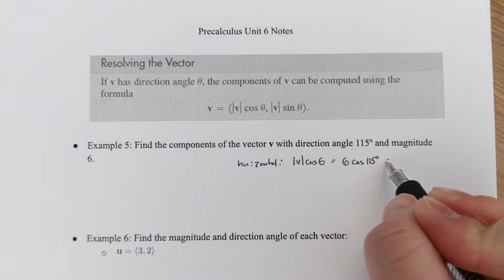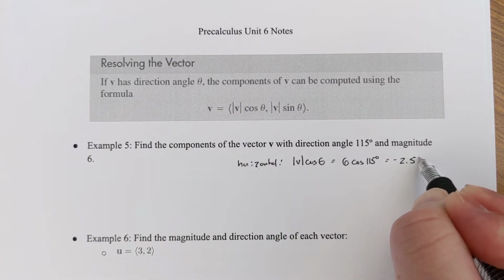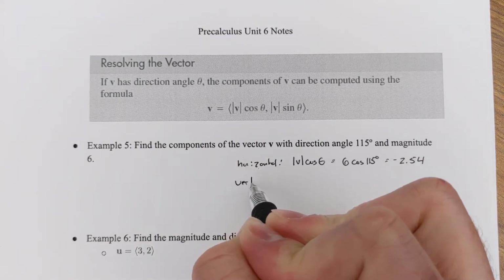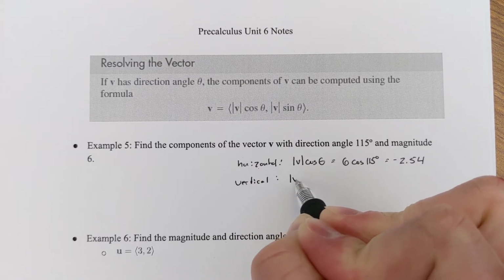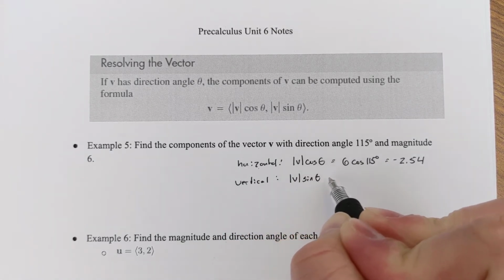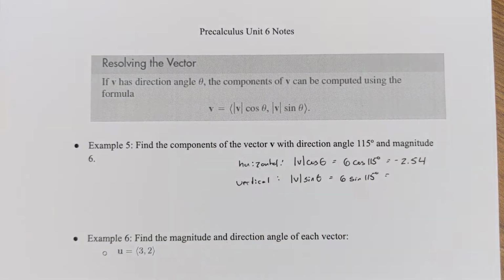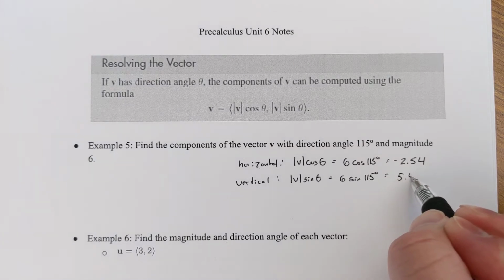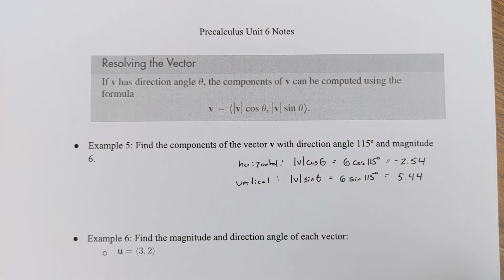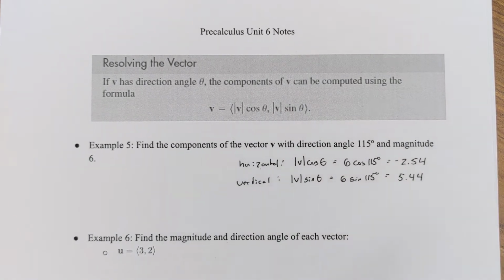So this would be negative 2 point, we'll call it 54. The vertical component is v sine theta. So 6 sine 115. So that is positive 5.44. So those are my two components.